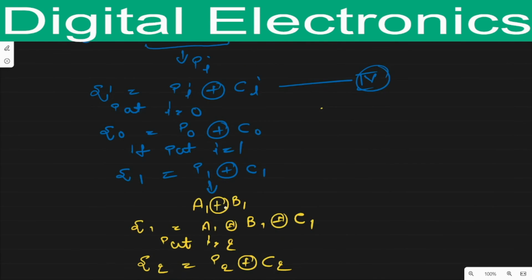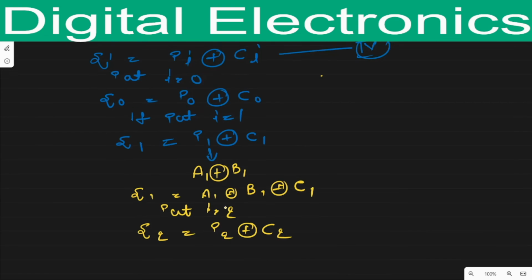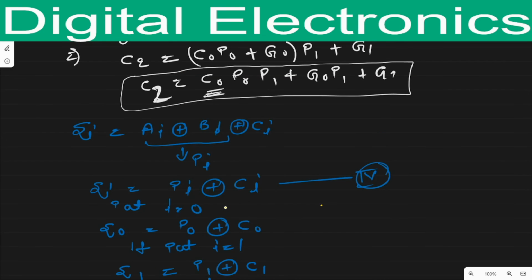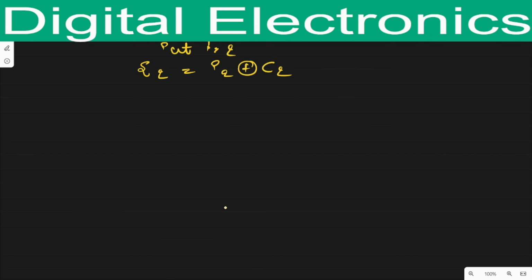It means that we can calculate the sum without using the C1 carry, because all these C2 and C1 are expressed in the form of C0. So by using C0 we can calculate anything. This is all about the look ahead carry adder.